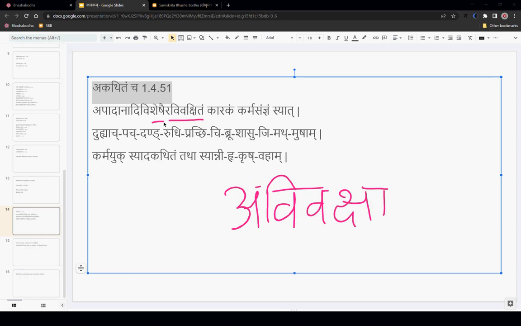Apadanadi visheshaihi, apadana, etc. karaka, but he doesn't intend to express that kind of relationship. In that case, that karakam becomes karma. It gets the terminology karma sanjna. Then you know what vibhakti to apply when it is karma sanjna: dvitiya.